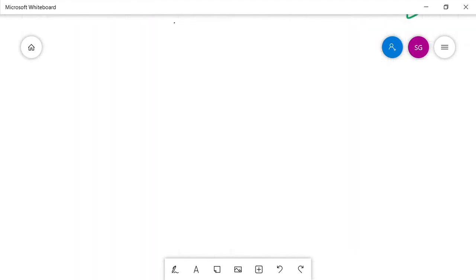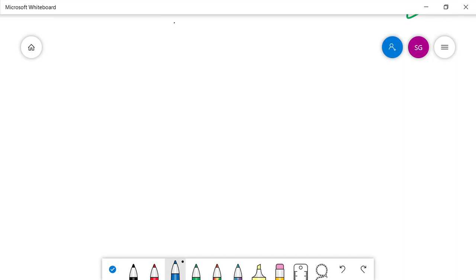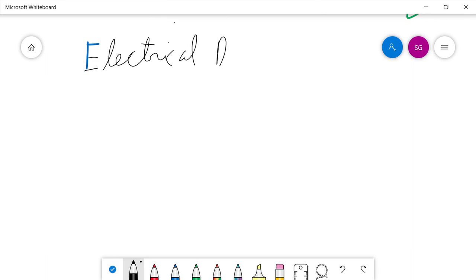Basically there are two equations that need to be known. Actually there are three equations. They are categorized into two groups. One is electrical dynamics, and second is mechanical dynamics. So let us first write down the electrical dynamics.